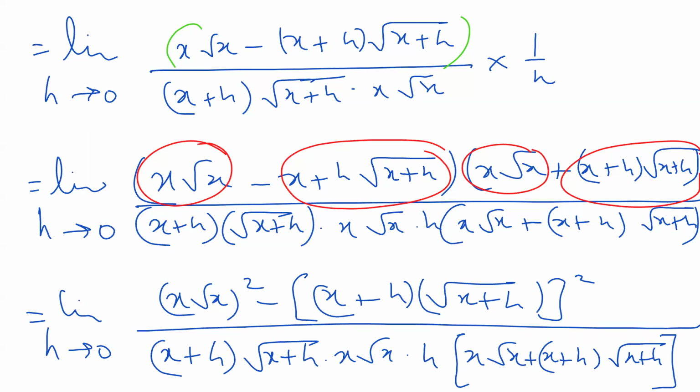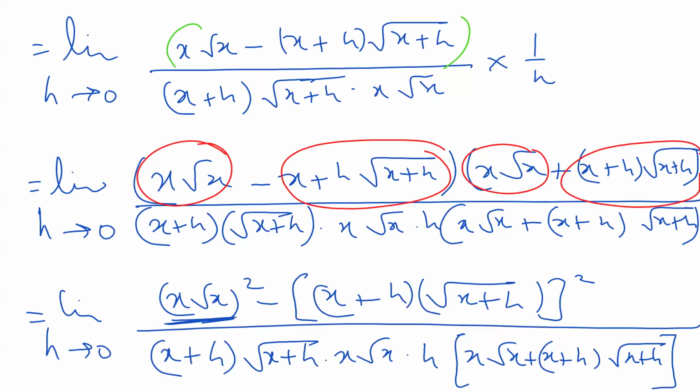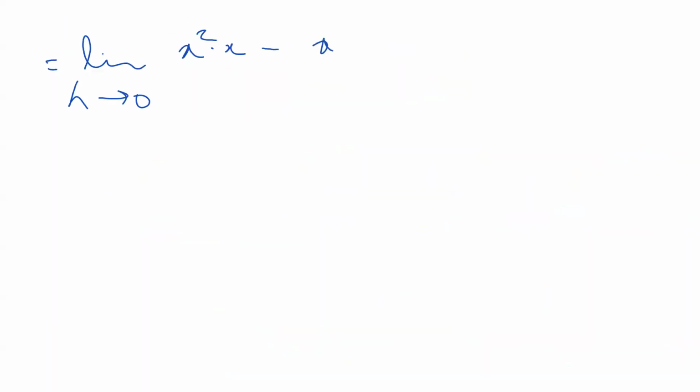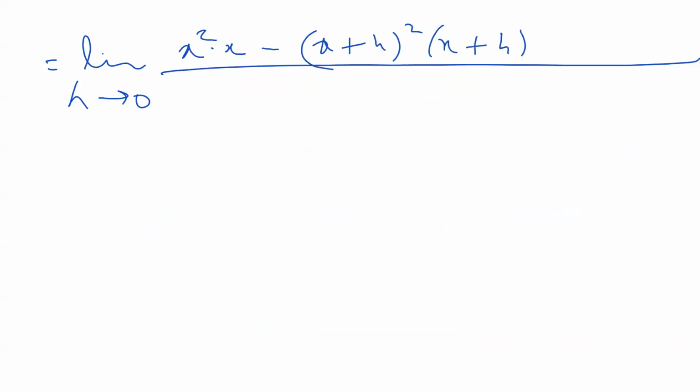So this will be x square into x minus x plus h the whole square into x plus h, upon root x plus h into root x. It's a big term in the denominator.